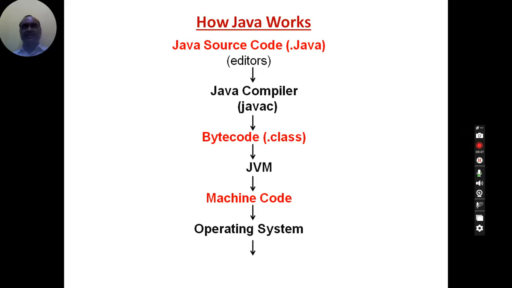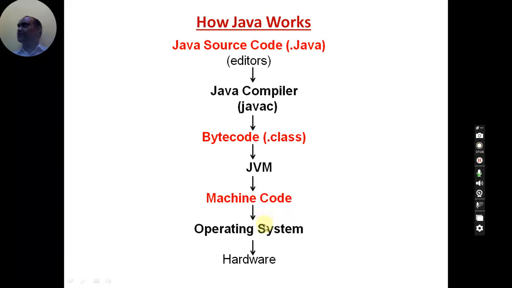The operating system will take these instructions and make the computer hardware, laptop hardware, desktop hardware or server hardware, execute these instructions. Once the instructions are executed, some output will be produced. The operating system will take those outputs and display them on the screen. All input output management is done by the operating system.